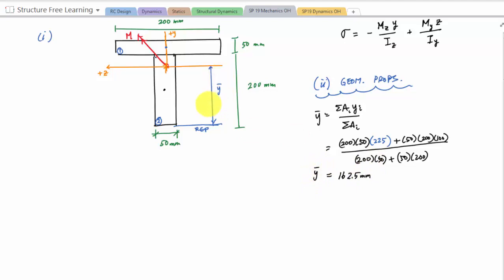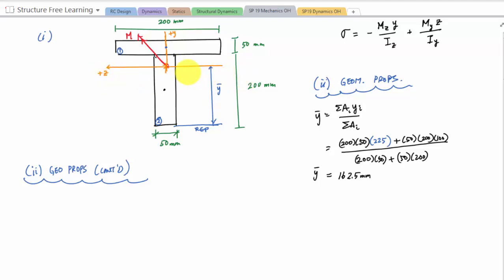So I have that. Now, because I know, at least in this relationship, I have to determine Iz and Iy. As part of my geometric properties, I want to calculate my moment of inertia about the z-axis. With respect to the z-axis, that would be as if I'm resisting rotation about the z, right here.